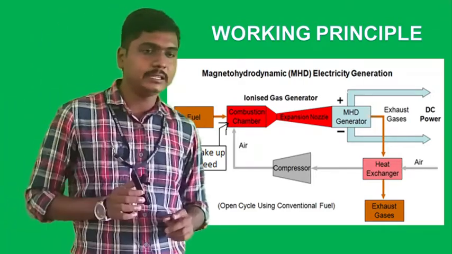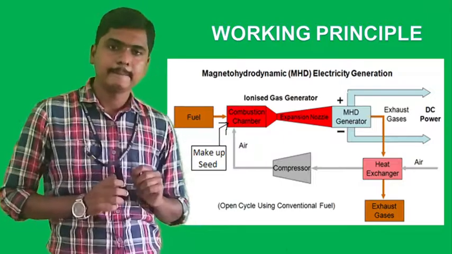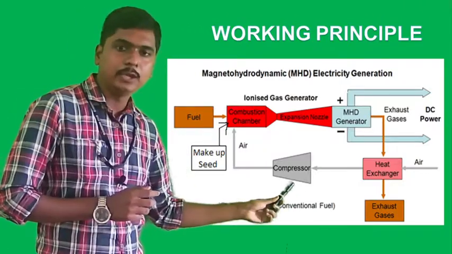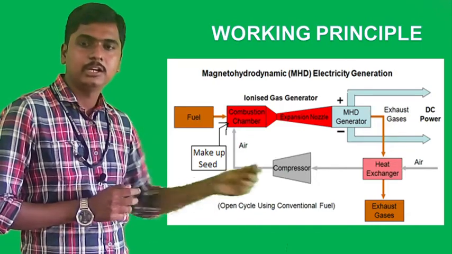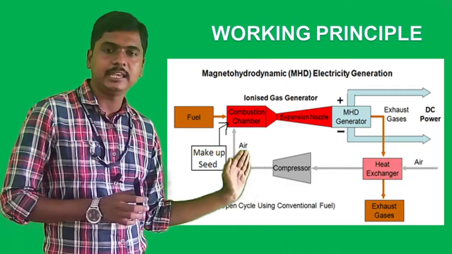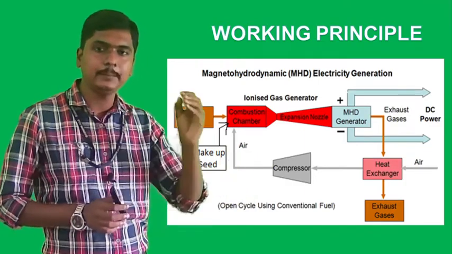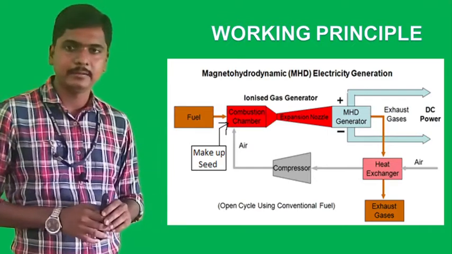Now the second thing is, for burning the fuel we need oxygen or air. That's why we are providing air to the combustion chamber through the compressor, because compressed air will have significantly high pressure and temperature as compared to atmospheric air.